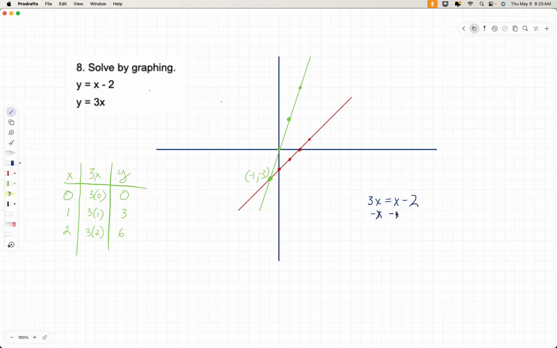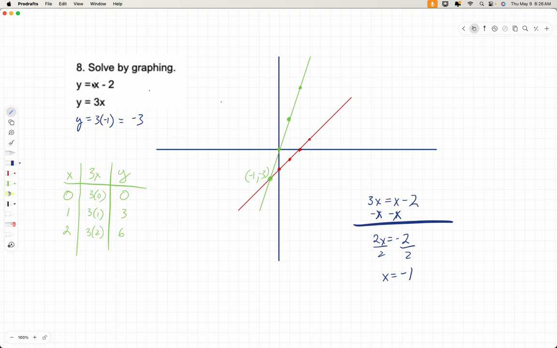I'm sorry, it should be an x, because that's a 1x, right? So then that's 2x is equal to -2. Divide both sides by 2. X is equal to -1. So if I go back in and I substitute that in here, y is equal to 3 times -1. That's -3. Y is -3.